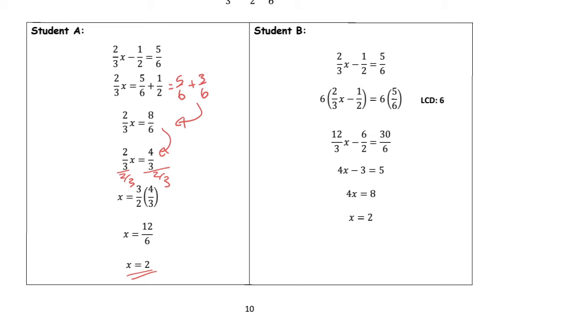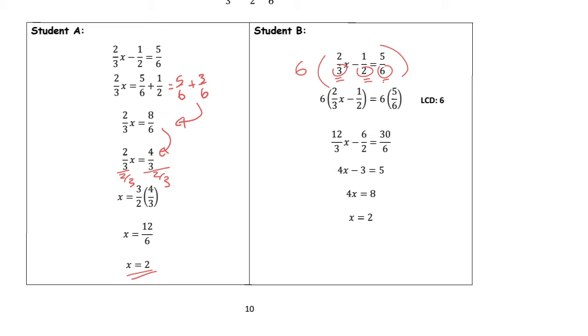Now, student B, on the other hand, looks at that and realizes that looking at the denominators, 3, 2, and 6, the lowest common multiple of those denominators is 6. Each of those denominators has a multiple of 6.